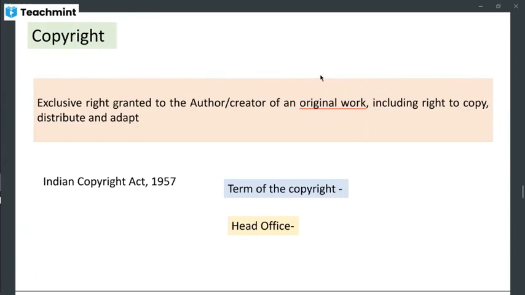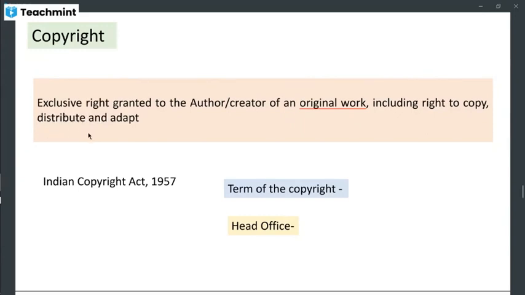This right includes the right to copy that original work. The author can copy it again and again, as well as distribute it to other members.